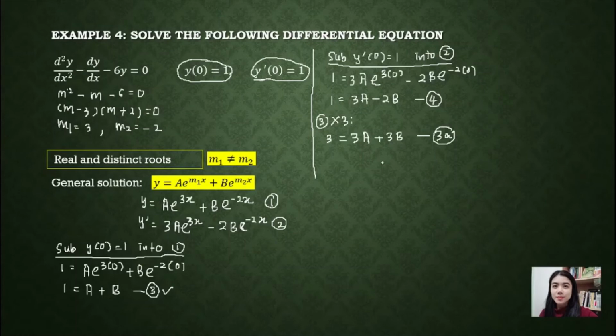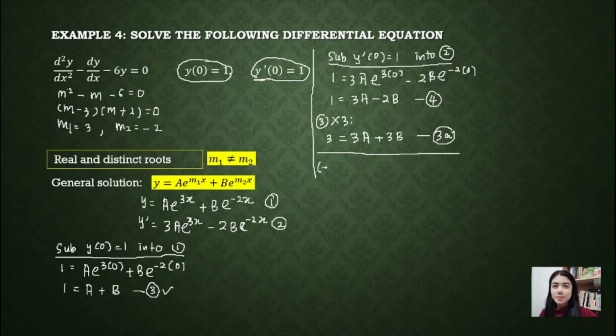So once I did that, you can compare equation 4 and equation 3a. Both of them have the variable 3a with the same coefficient, that is 3. Means that you can solve these two equations by using simultaneous equations. So simultaneous equations says that you can use subtraction. Just take equation number 4 minus equation 3a.